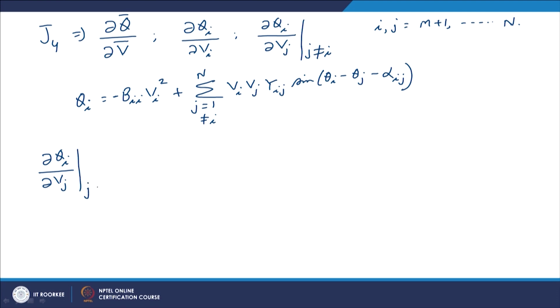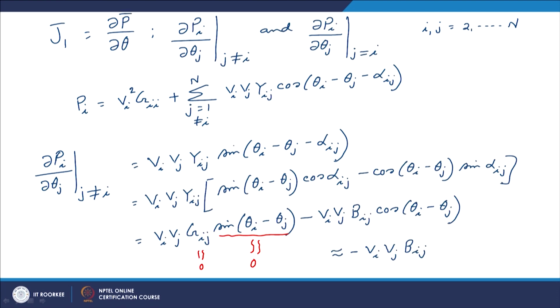So, ∂Q_i/∂V_j, where j is not equal to i, this part would be 0. So, it would be V_i Y_ij sin(θ_i minus θ_j minus α_ij).